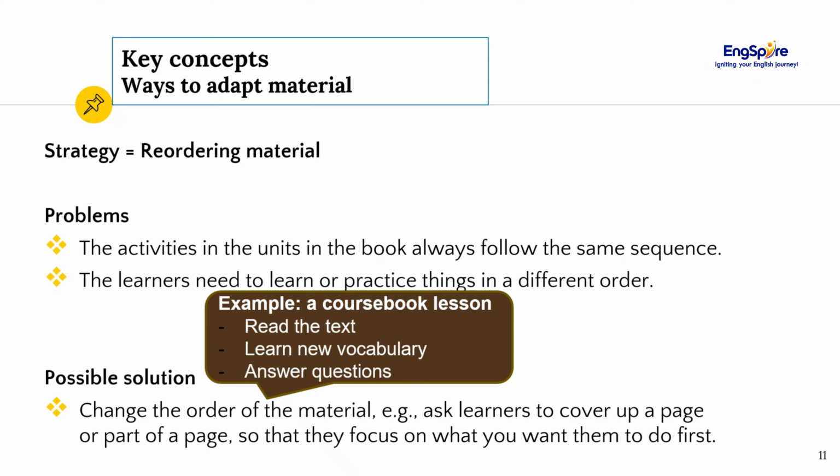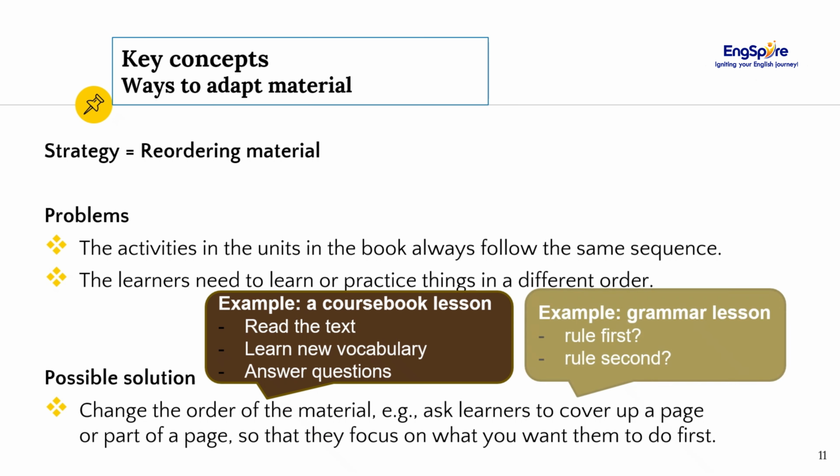However, you might decide to introduce vocabulary first because your students need those words before they can understand the text. Another example is if a grammar explanation comes before practice, you could start with examples first and ask students to discover the rules themselves. You can also hide parts of the page or cover sections so students focus only on the activity you want them to complete.